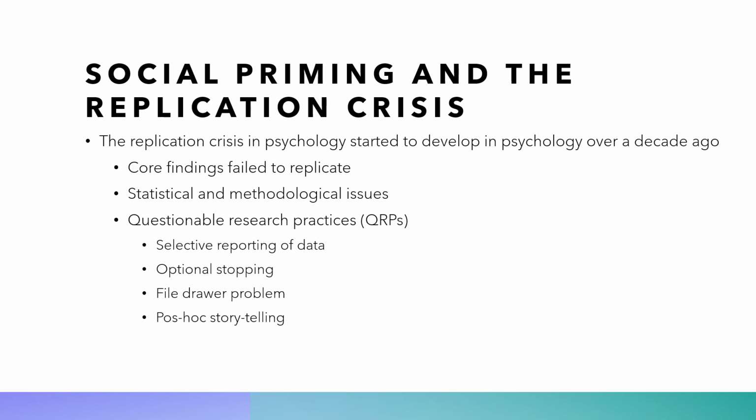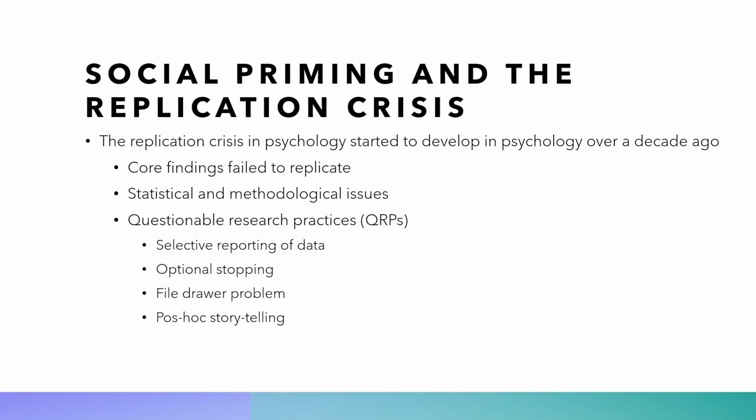This is consistent with a crisis that started in psychology over a decade ago. It's called the replication crisis, and it came out of a lot of different things happening, but one major thing was that core findings that people assumed to be foundational to the understanding of human behavior failed to replicate. And this was really concerning for people.